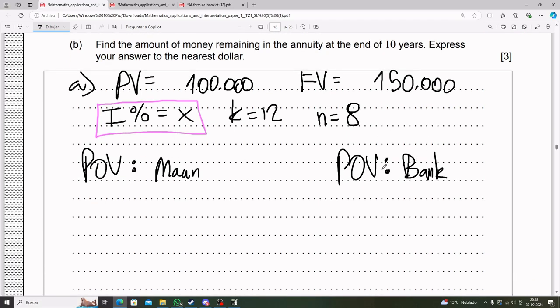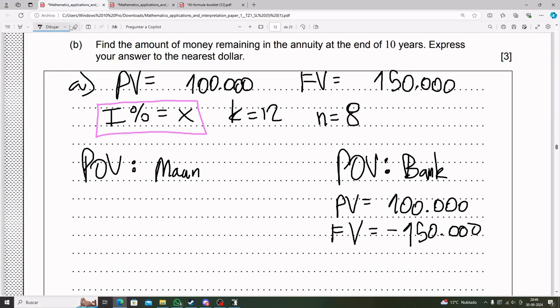If you take the perspective of the bank, initially they get $100,000. And then the bank does bank stuff, they enjoy the money, whatever. And the moment that my man takes away his money, the bank proceeds to lose $150,000. So this right here is one alternative. You have a positive PV but a negative FV.